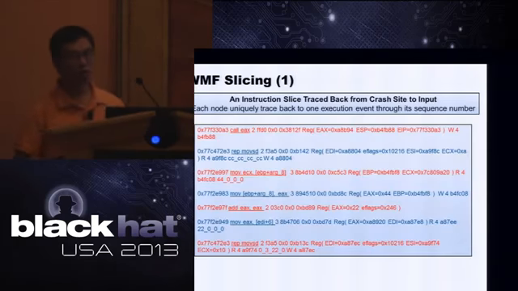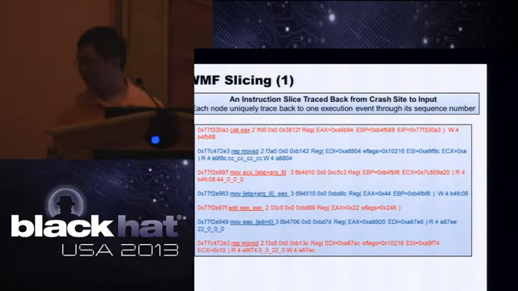We also collect the slicing. We get each individual instruction involved in moving the input bytes from the input file all the way to the point where the exception happened. It makes a little bit of sense when you look at it individually.